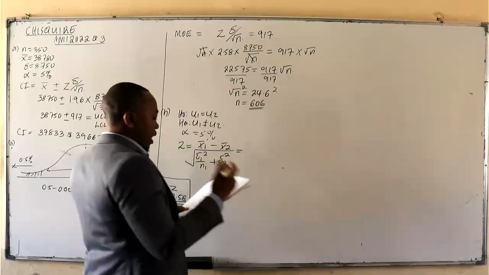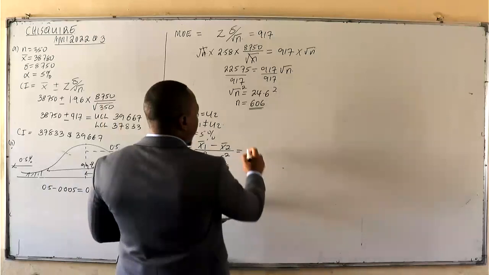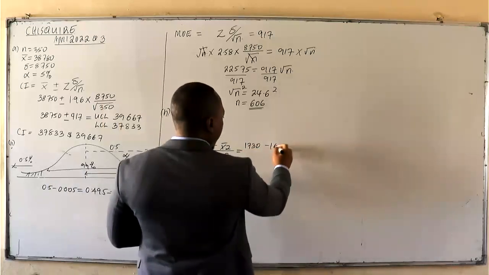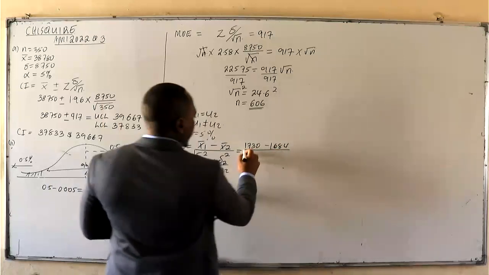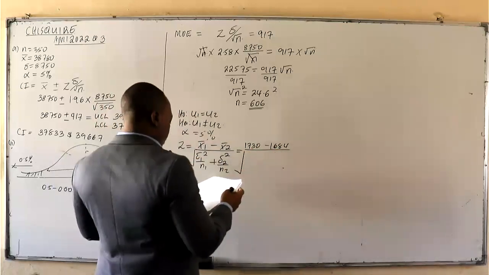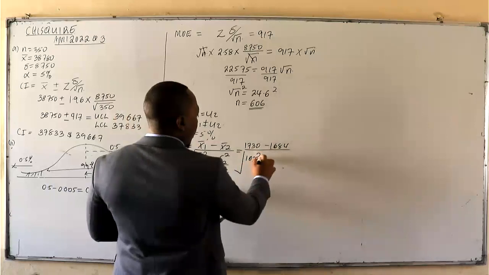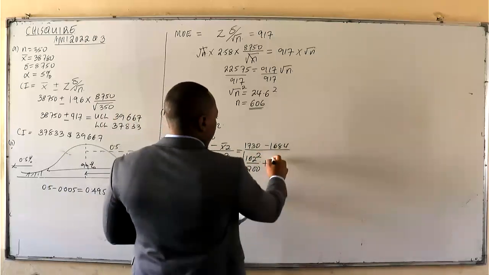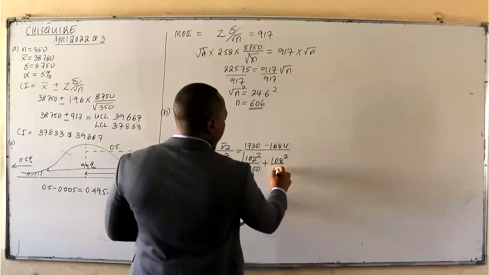X bar 1, the mean we have is 1730, minus brand B, 1684. Standard deviation of 1 is 102 squared, N is 200. The other one is 108 squared over 200.